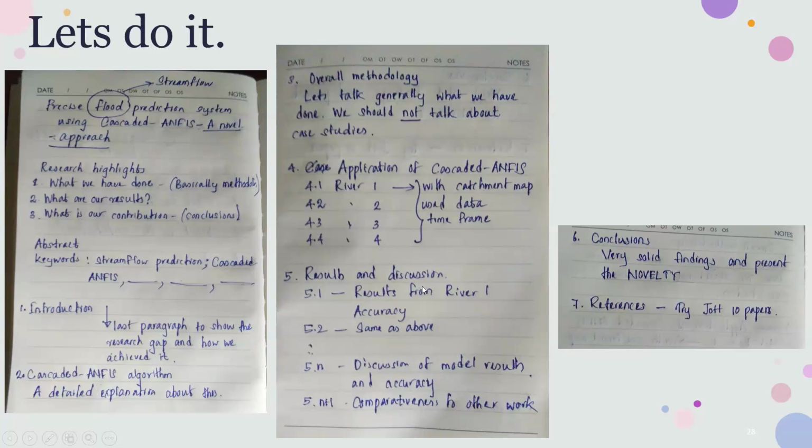This can take a long time, and it can also take a couple of iterations. But once you have such a sketch, the manuscript writing part becomes a lot easier.